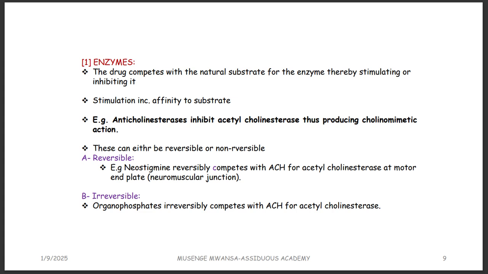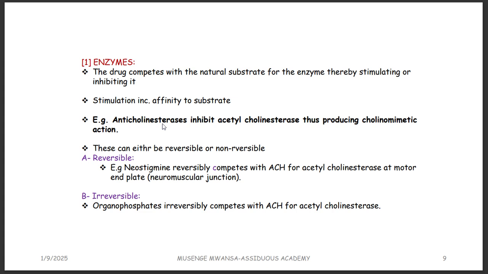So what happens is that if substance A binds to a receptor, when the drug binds to that same receptor, it will make that receptor have a greater affinity for substance A so that it can carry out its own function. This is how the drugs are going to work when they bind on a receptor like an enzyme receptor.